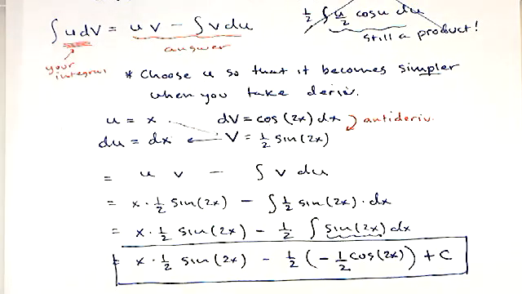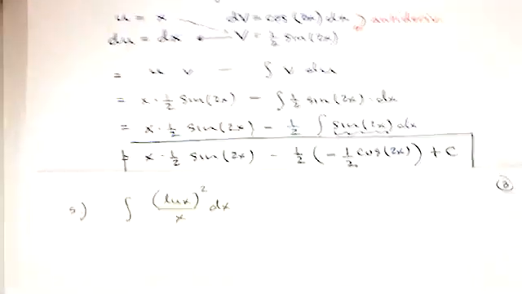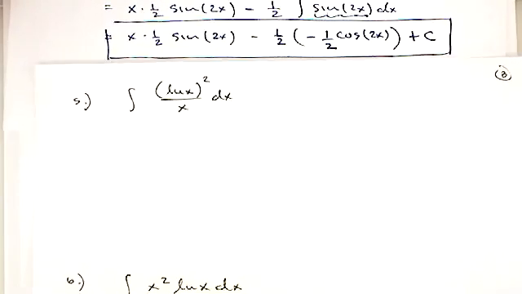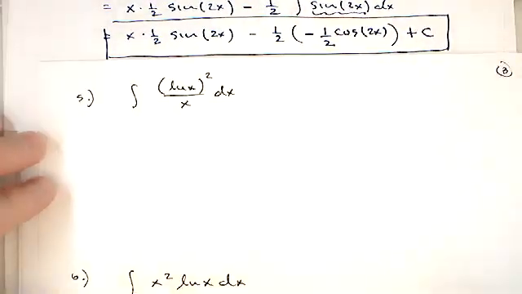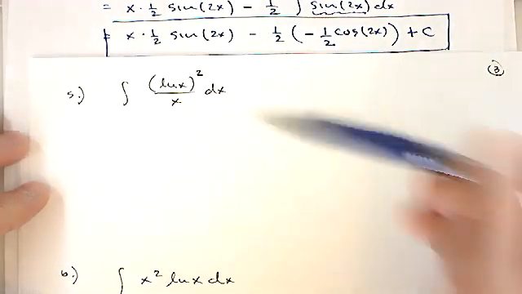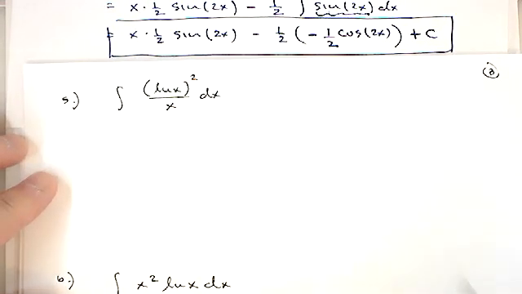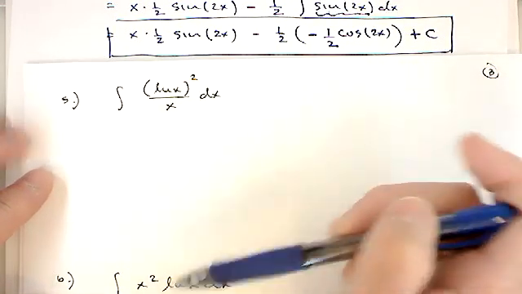Let's try another one. I want to try to capture both of these next ones. There we go. You can see the last two steps here and then my next two examples. I like to do this because, as I mentioned earlier, the challenge is you're going to get two integrals that look very similar.